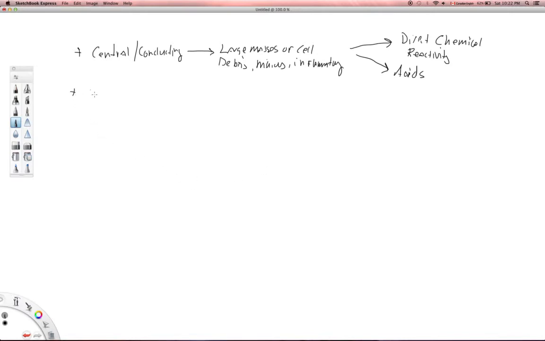Your peripheral or diffusing airways are going to be a little different. Generally, this will be the result of chemical changes in the agent.